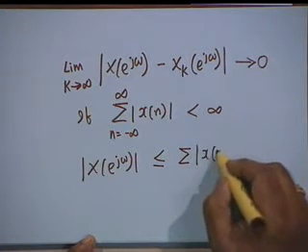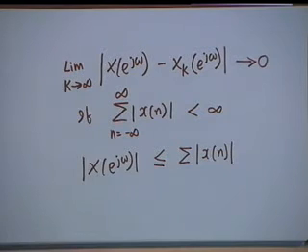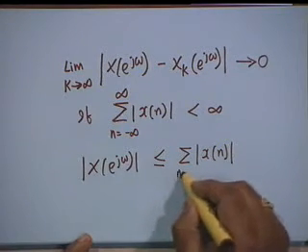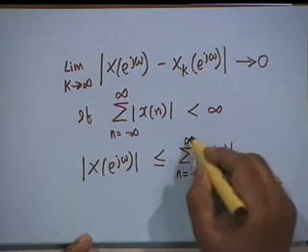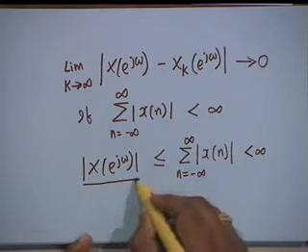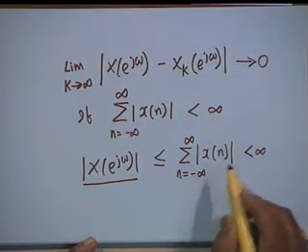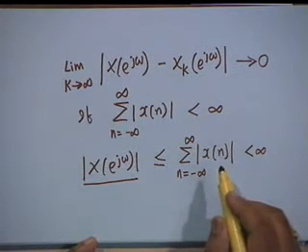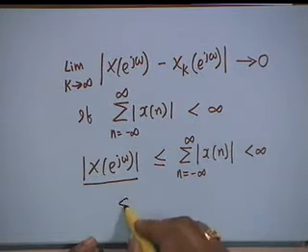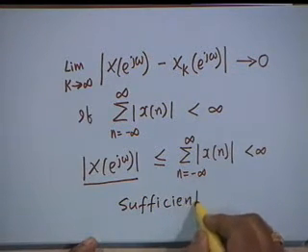We take the magnitude of x of n. What is the magnitude of e to the minus j omega n? 1. And therefore, if this is less than infinity, then obviously capital X of e to the j omega shall exist. So, if x of n is absolutely summable, then its Fourier transform exists, but this condition is only sufficient.